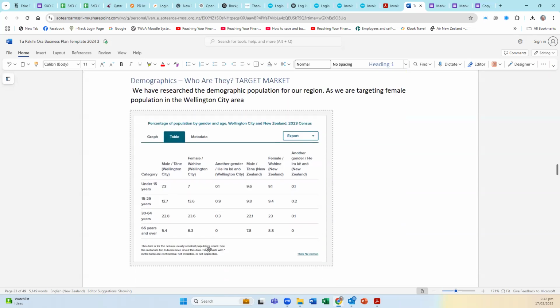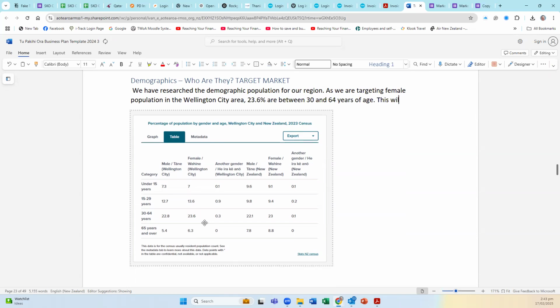What does that show you? Percentage of population by age and gender. 23.6% are between 30 and 64 years of age.